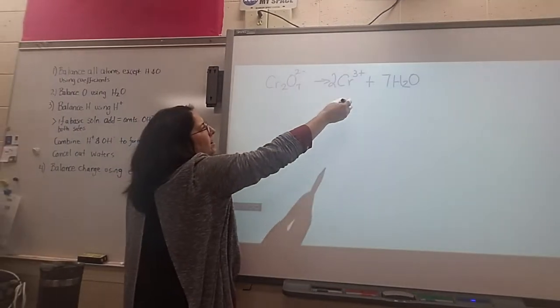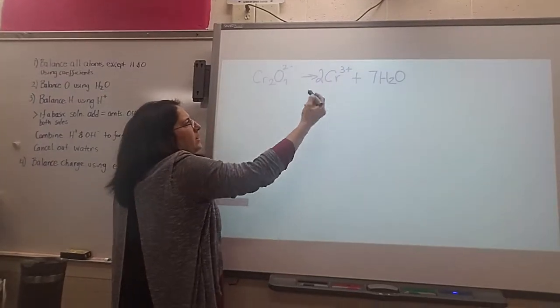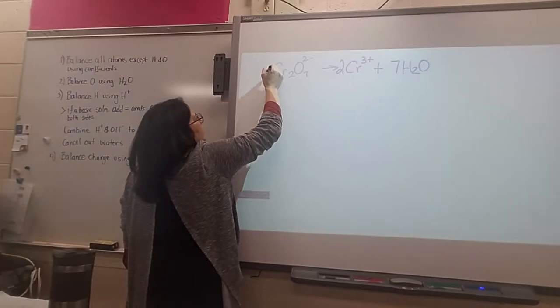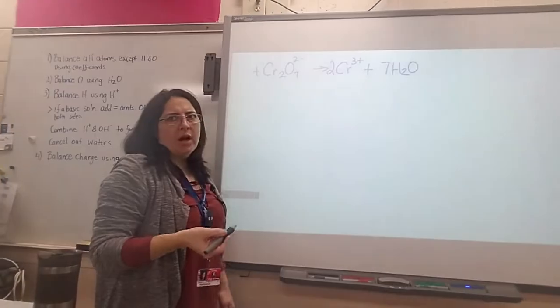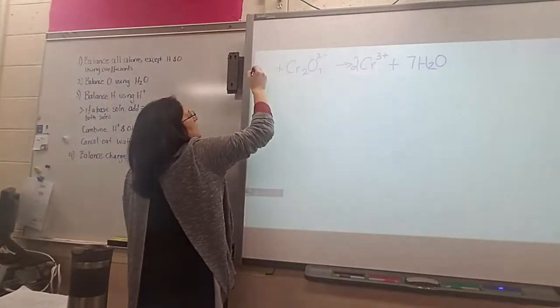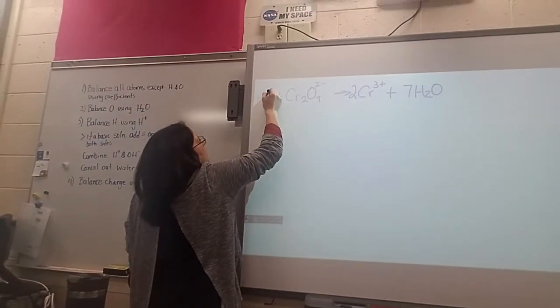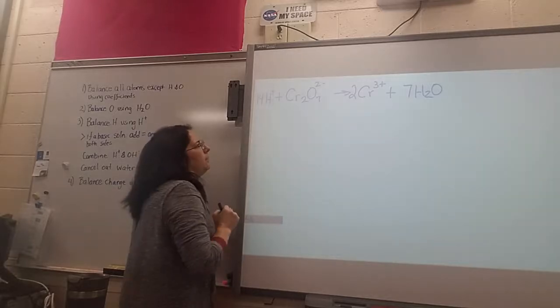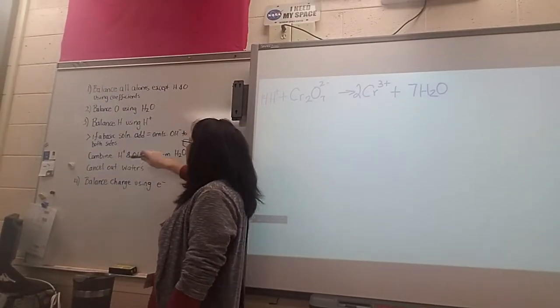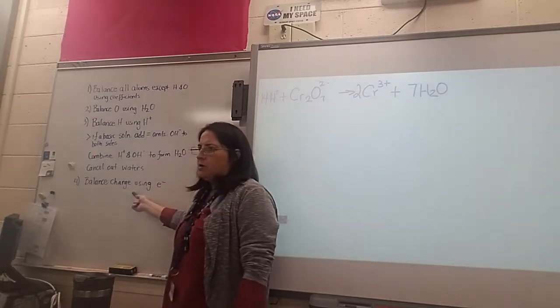So now I've got my oxygens out. I need to balance my hydrogens. So I need to add over here hydrogen ions. How many do I need to add? 14. Okay. So I have balanced my oxygens. I balanced my hydrogens. Now I'm going to balance my charge.